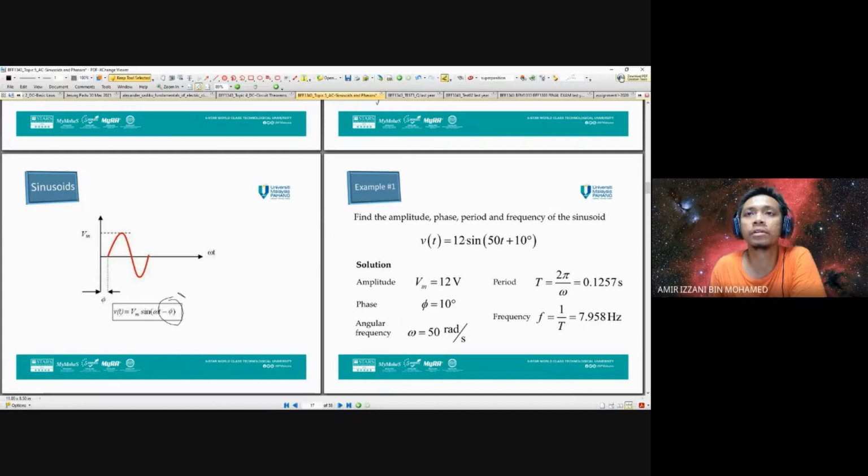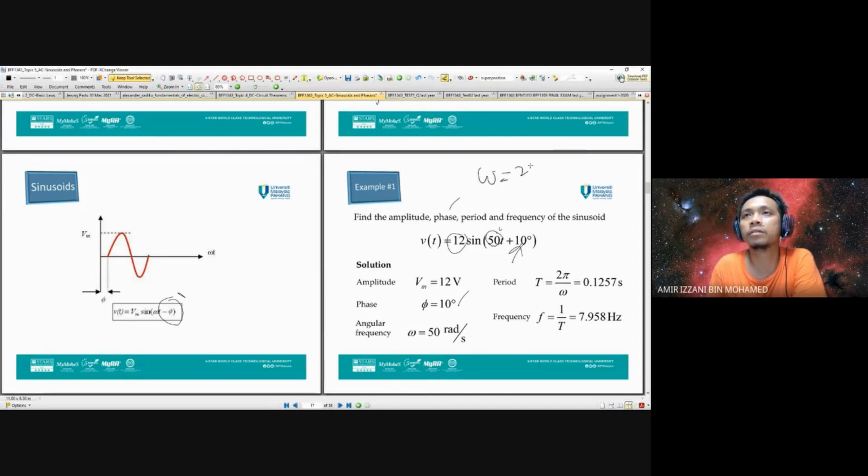So here the amplitude is this one, the Vm is 12 volts, and the phase is 10 degrees here, and the angular frequency, which is omega, is 50 radians per second. The period of the sine wave: T equals 2 pi over omega.